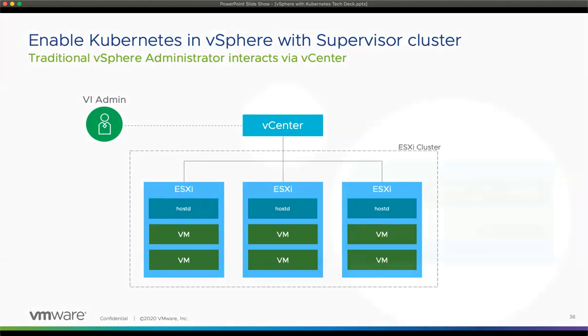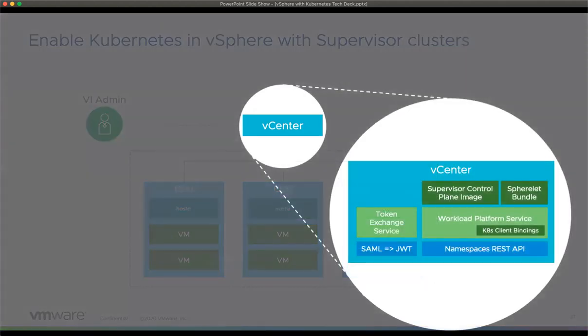You know all that. Within vCenter is the supervisor control plane image, a spherelet bundle, which I'll explain in a moment, the workload platform service, the Kubernetes client bindings, the namespaces REST API, and the SAML to JWT exchange service for login tokens and such.